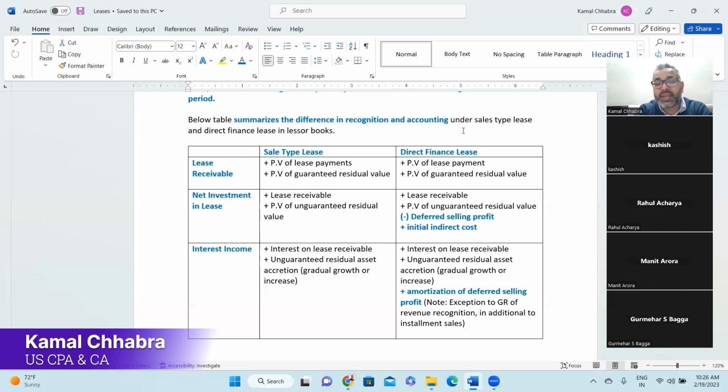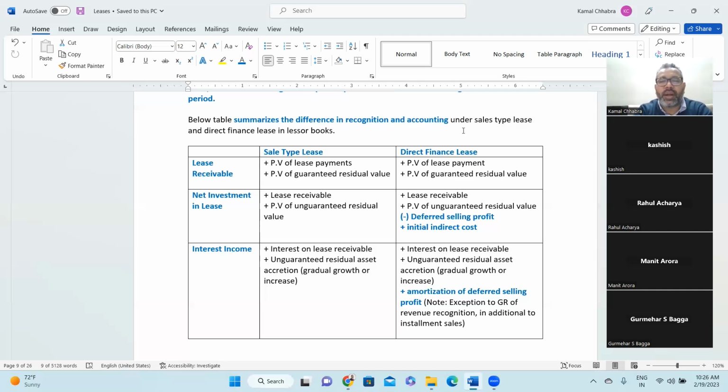And then if there is any initial direct cost which you have incurred to obtain or to provide that asset on finance lease, then that also you can add, right? We'll be discussing in detail what is initial direct cost.